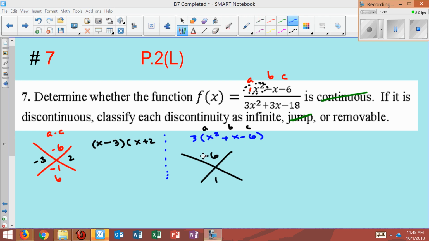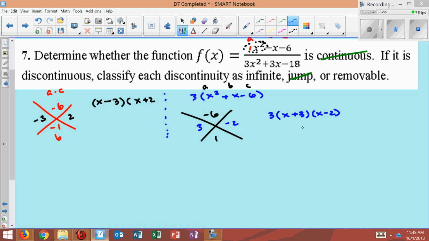This time, since it's still factors of -6 but they add up to +1, I would switch these values. So I would need to have values of 3 and -2. Again, I would split it, and so it would be 3 times (x plus 3) and (x minus 2).